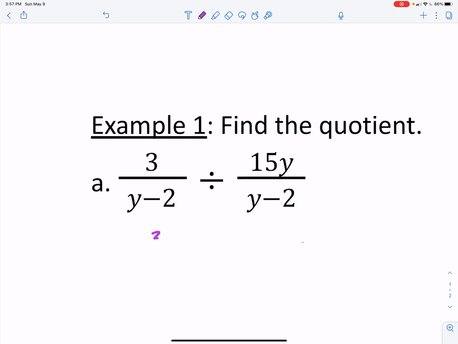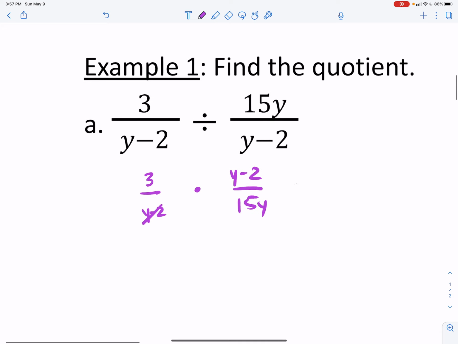You keep the first one the same, change into multiplication, you flip it, so y minus 2 over 15y, and then you cross simplify. Everything from here is just the previous lesson, right? My y minus 2's can simplify, and my 3 and 15 can also simplify to 1 and 5. You multiply straight across, you get 1/5y.